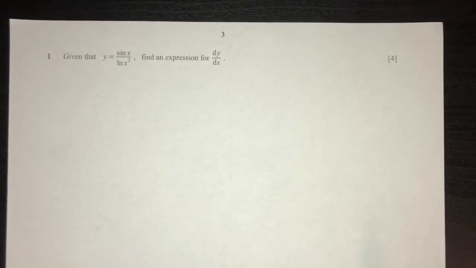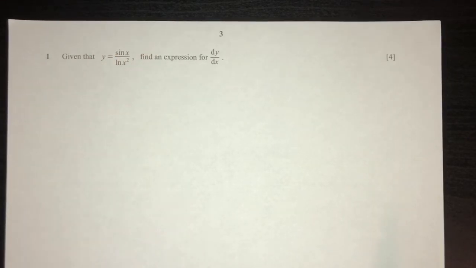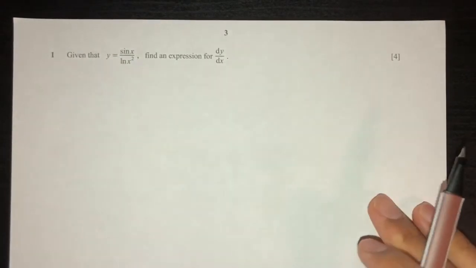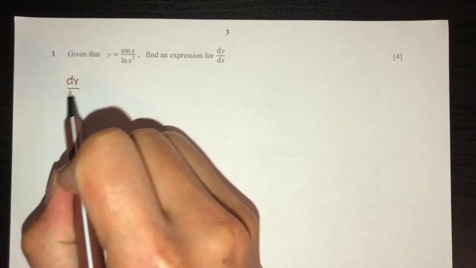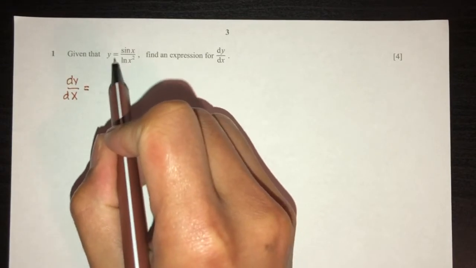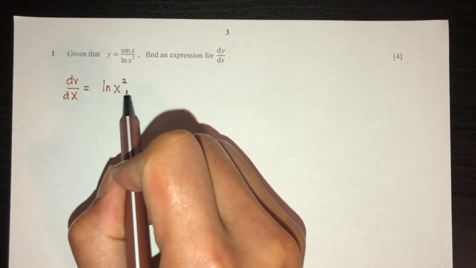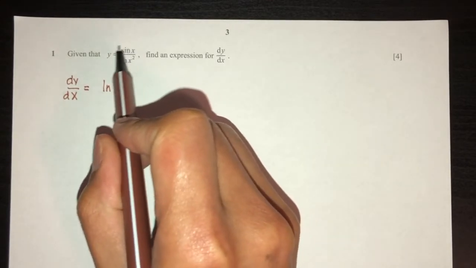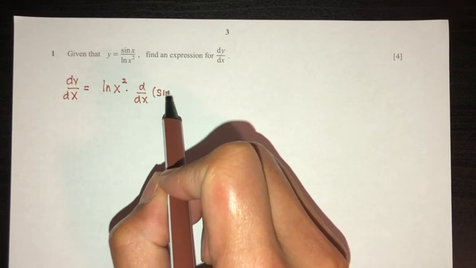So here we have to, given that y is given by this fraction, find the expression for dy by dx. As you can see, you have a fraction here, so you have to use your quotient rule for dy by dx. So dy by dx is equal to, first you have to write ln x squared, the denominator, times d by dx of sine x.